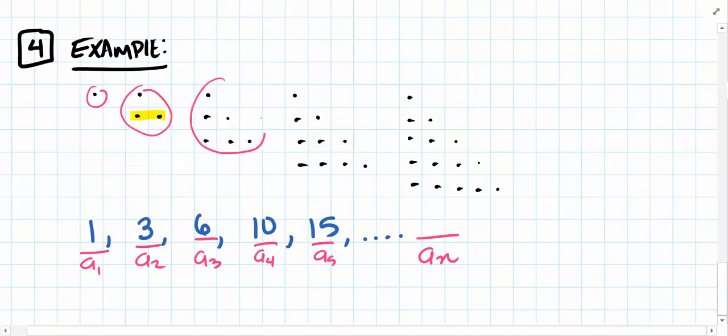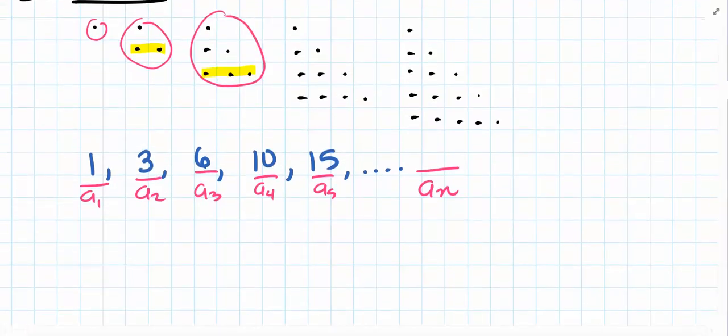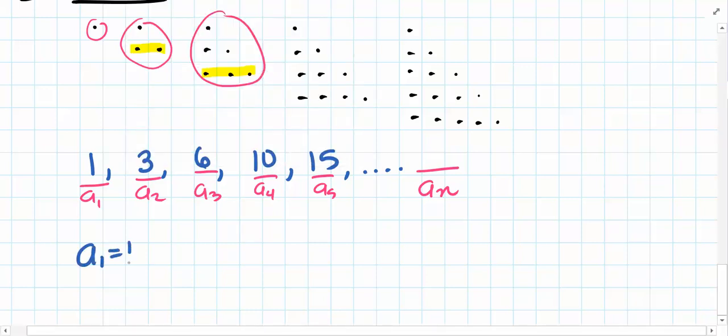Nick, you had your hand up first, so I want to honor that. Can you tell me what would be the recursive formula? If a sub 1 is 1, that was given to me, how do I build the next term? A sub n is whatever the previous term was. What was it? That would be a sub n minus 1, and then what would I add on to it? n, very good.